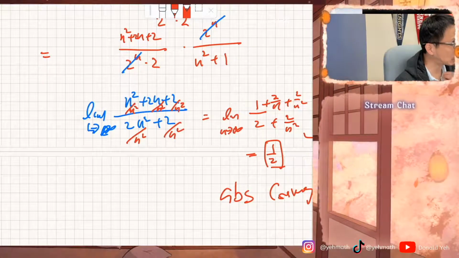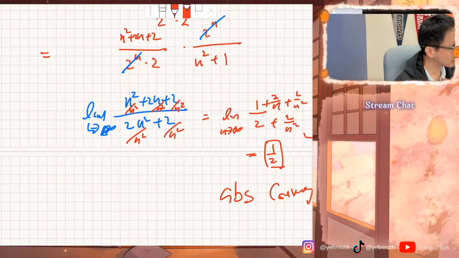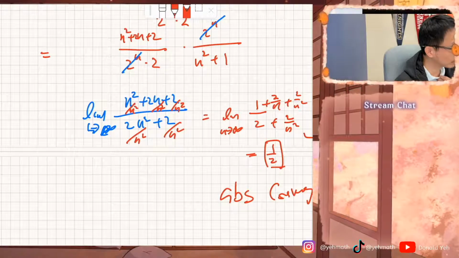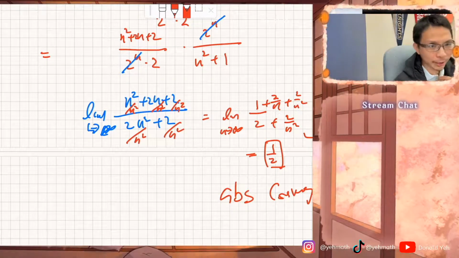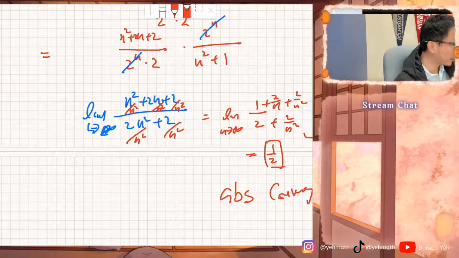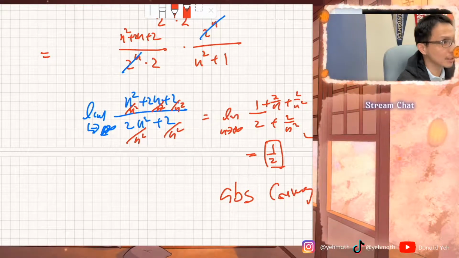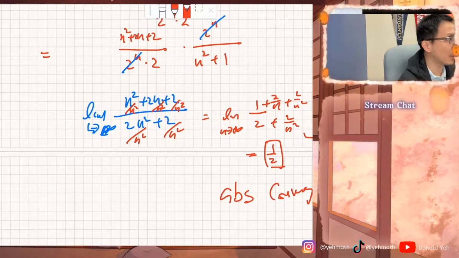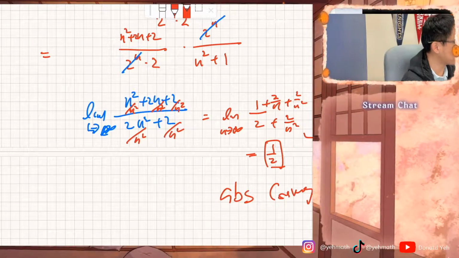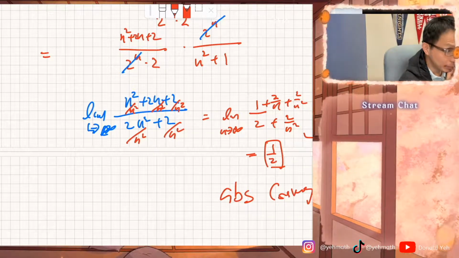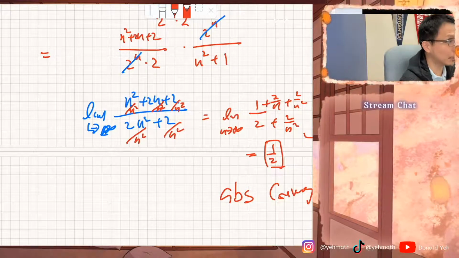Is there a way to determine that we're going to do this versus any other test, or is it just whatever's most feasible? Very good question. Gabby is asking a good question: how do we know when to use a ratio test? I'm going to give you a good example.